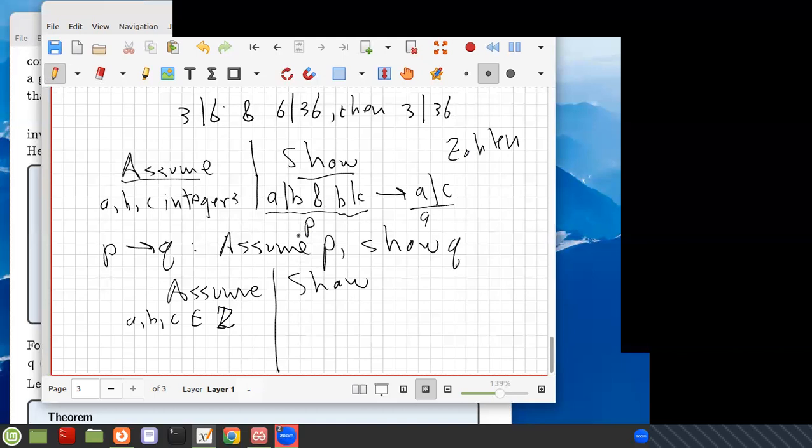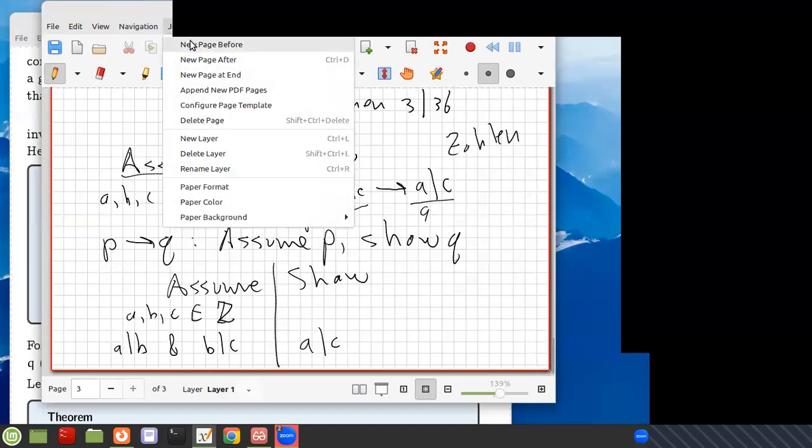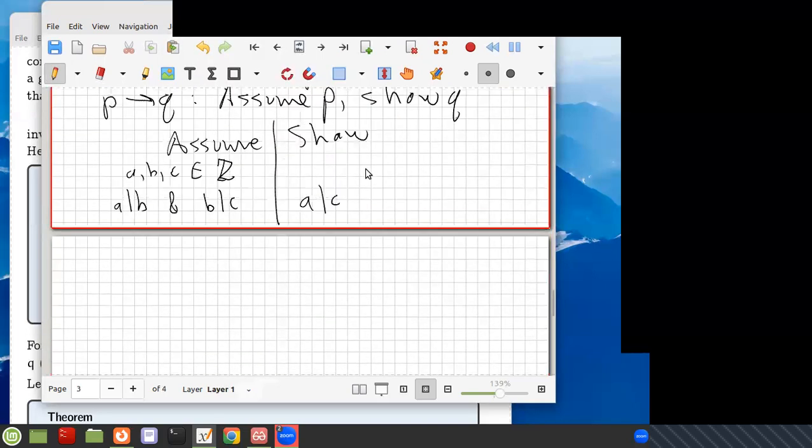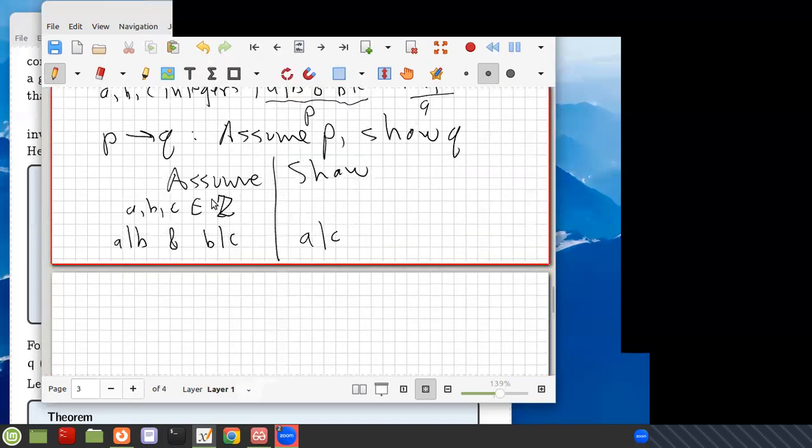Now, since I'm assuming P, I'm not saying this is true. I'm assuming it's true for the sake of this proof, and I have to show Q. So now, instead of having to show this big thing here, I get to assume a bunch of stuff and more stuff. So I've moved something from the show column to the assume column using this proof pattern.